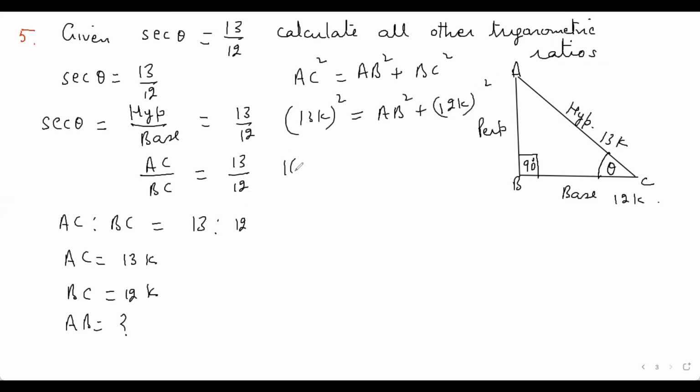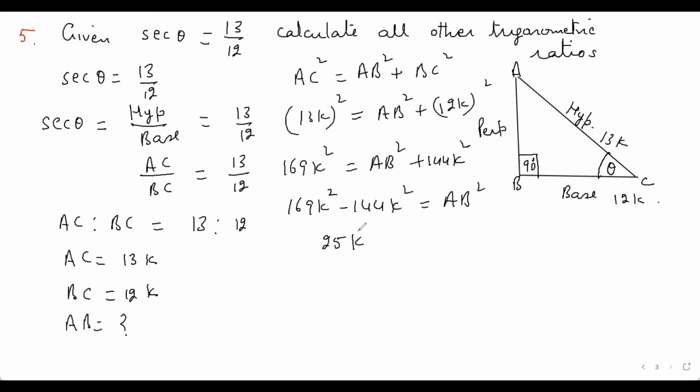It means 169K square is equal to AB square plus 144K square. 169K square minus 144K square is equal to AB square. It means 25K square is equal to AB square. It means AB is equal to 5K.